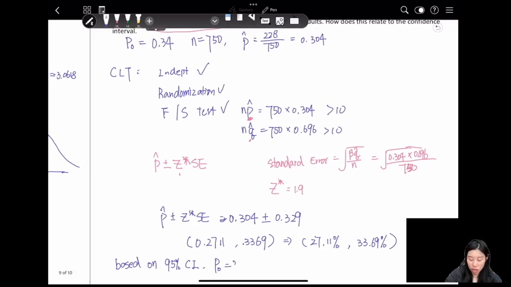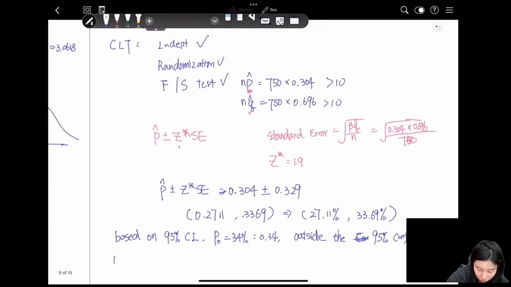Our p naught is 34% or 0.34, which is outside of the interval. The proportion from the null hypothesis is outside of the 95% confidence interval. So we reject the null hypothesis.